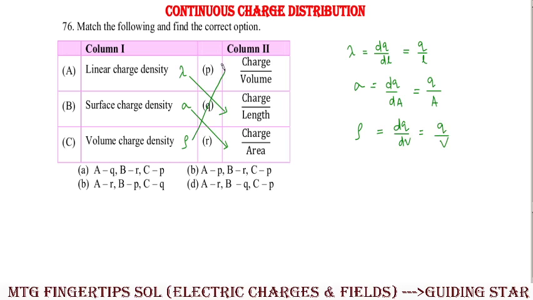So a with q, b with r, c with p. Option a is the correct one.